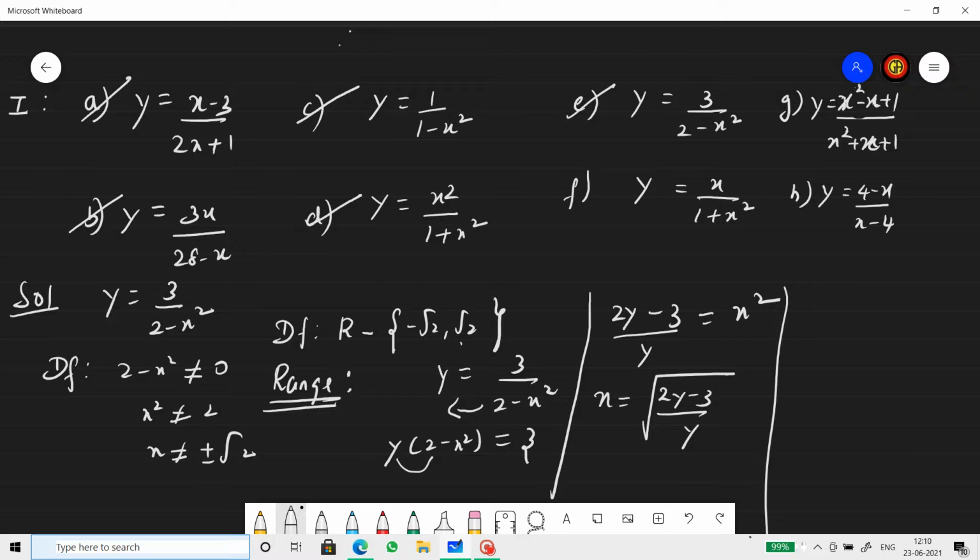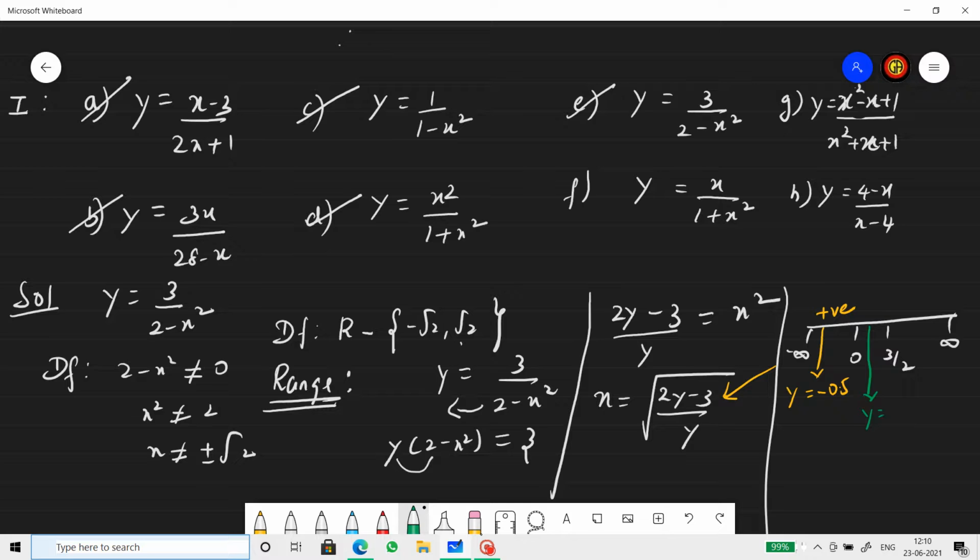Let's draw a real number line for this. Real number line, minus infinity to infinity. In that I'm going to plot 0 and 3 by 2. Now take arbitrary values for y. In the first case, let y be any number between minus infinity and 0. Let it be minus 0.5. Substitute here and see what happens. You will find it is positive. And now take an arbitrary value between 0 and 1.5.